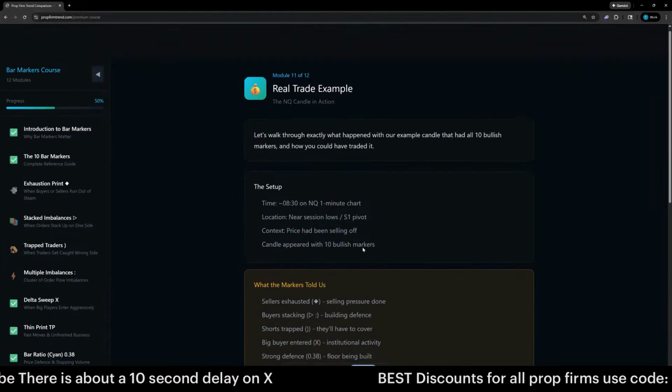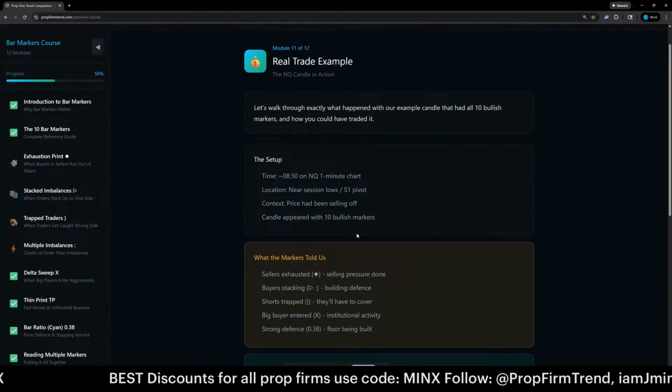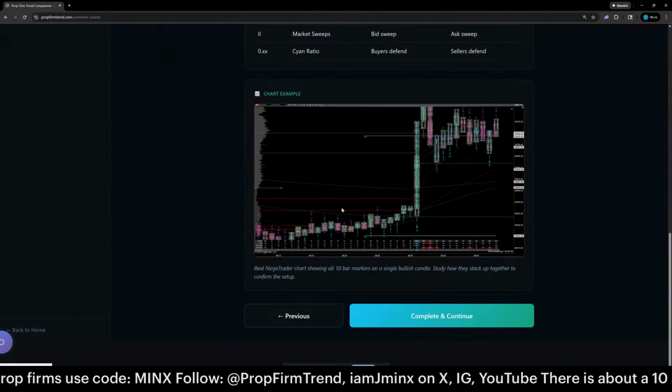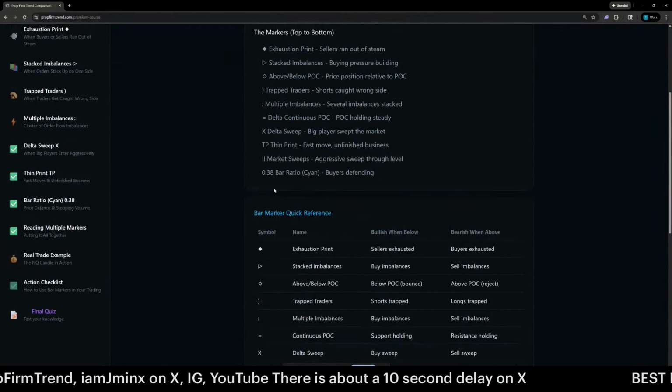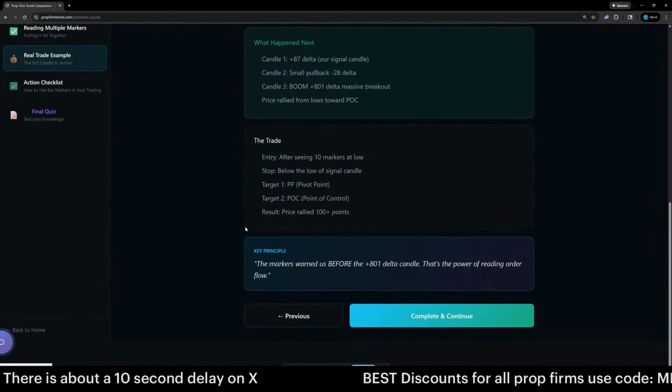Real trade example. Oh, I just showed you guys that, just this chart here when we had the 10 bar markers. But this isn't finished yet, and I need some feedback.